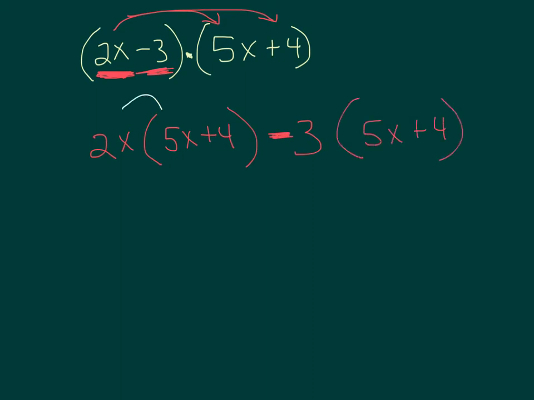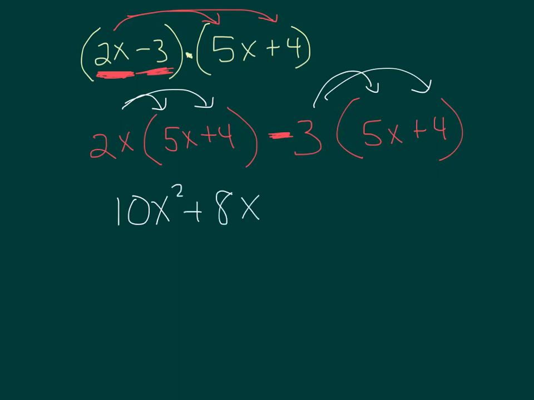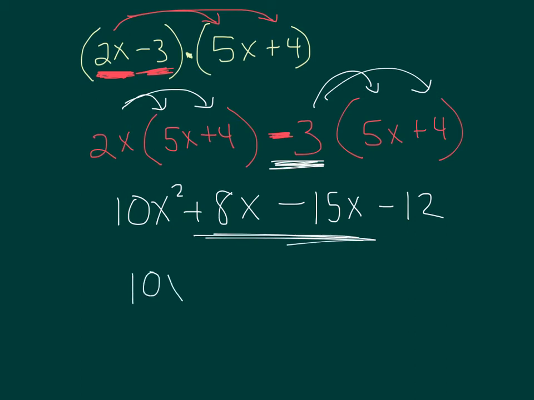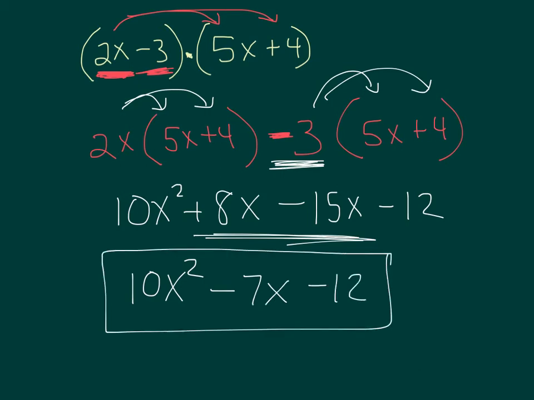And now you just distribute, and you end up with 10x squared plus 8x minus, right, because of the negative, minus 15x minus 12. And when I combine my like terms, I'm going to end up with 10x squared minus 7x minus 12. And that's it.